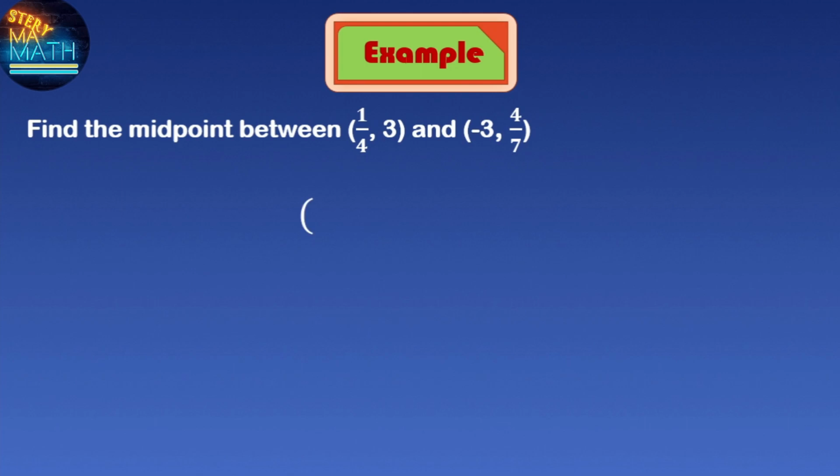So here we are. Now 1 over 4 plus negative 3, which is 1 over 4 minus 3, over 2, this is the first coordinate, and the second coordinate is (y1 plus y2) divided by 2. I mean 3 plus 4 over 7, divided by 2.